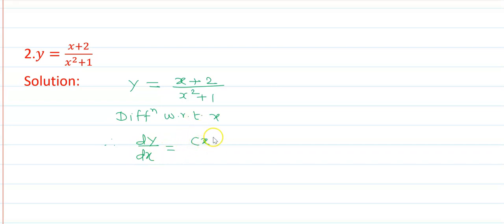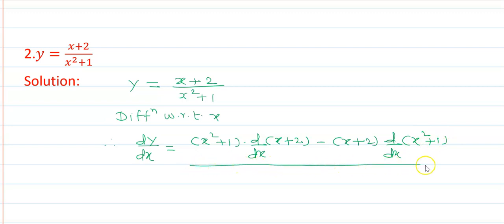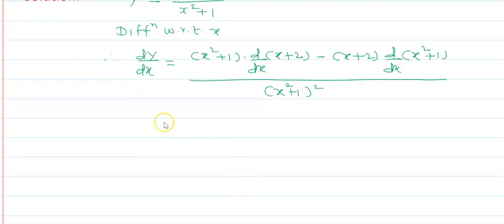First v, meaning x square plus 1, into ddx of u, meaning x plus 2, minus x plus 2 into ddx of x square plus 1, bracket completed, and this whole divided by x square plus 1 bracket square. Okay. Now the next simplification.